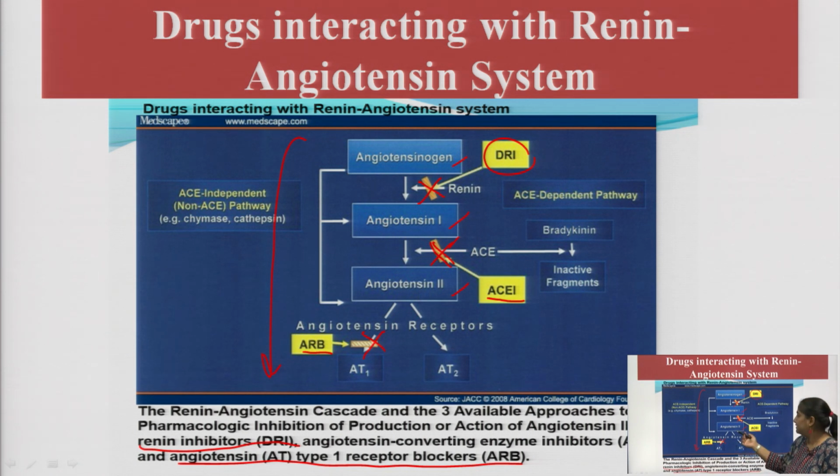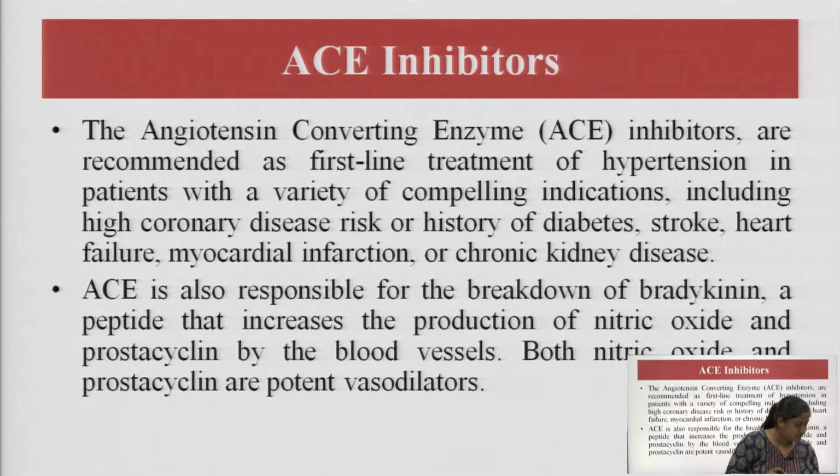Ultimately, in the third phase, when angiotensin 2 attaches to AT1, we can use the ARBs for the final stop, preventing angiotensin 2 from attaching to AT1. Like this we can use our antihypertensive agents.